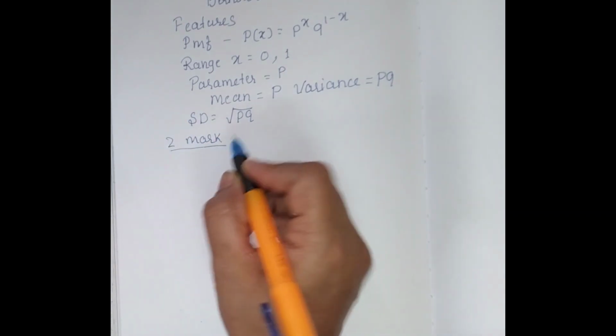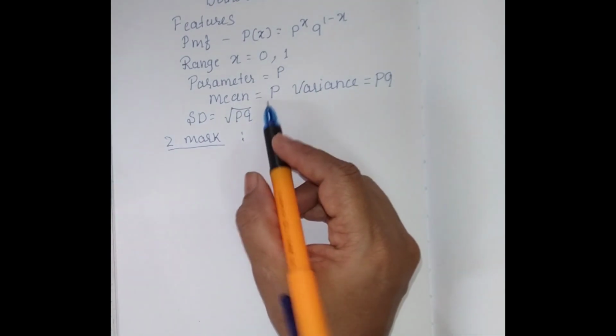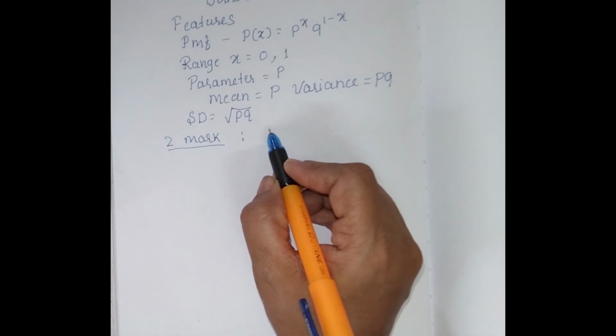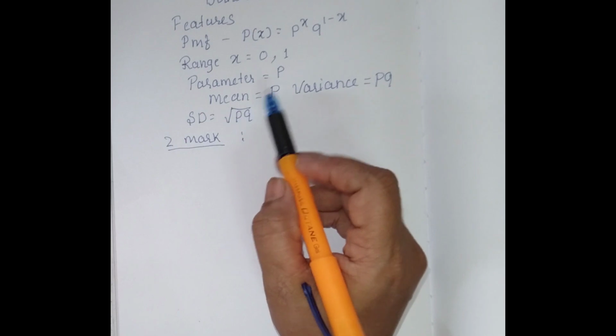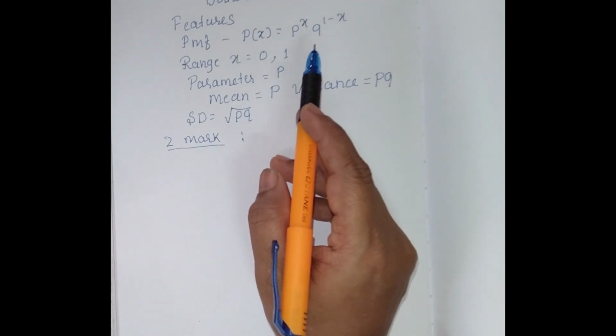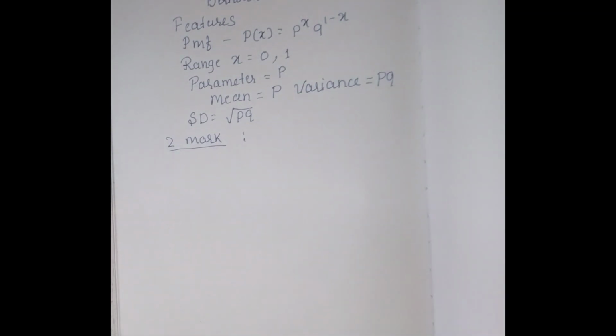For the Bernoulli distribution, both 1 mark and 2 marks are very important. In the 2 mark question, they give a P value and ask to calculate the variance and standard deviation, or the range and PMF. To substitute into the PMF, we will discuss it from the textbook. Some examples are given in it.